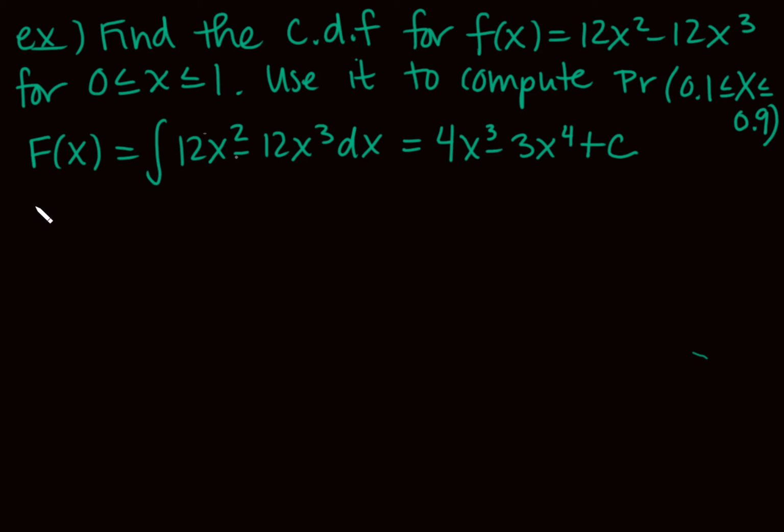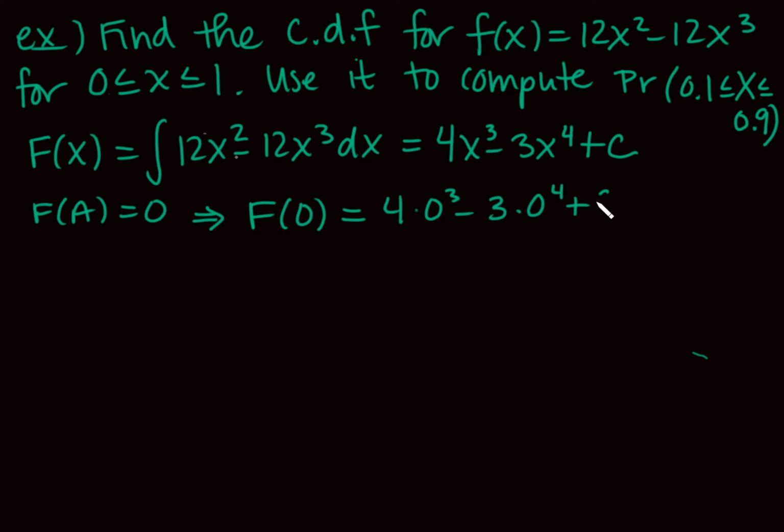Well, remember that F of a must equal 0. So as long as I have a condition that I know, then F of 0 must equal 0. So that would be 4 times 0 cubed, plus c, must equal 0. This does not always equal 0, so make sure you check that. In this case it does, but it doesn't always.